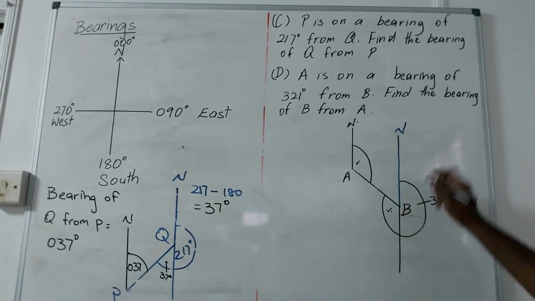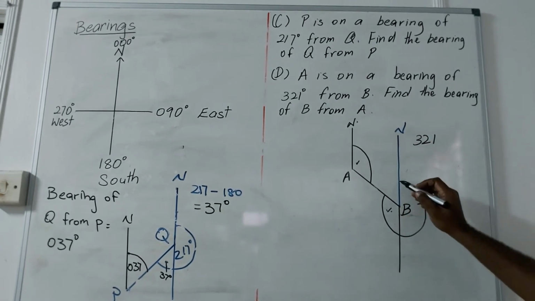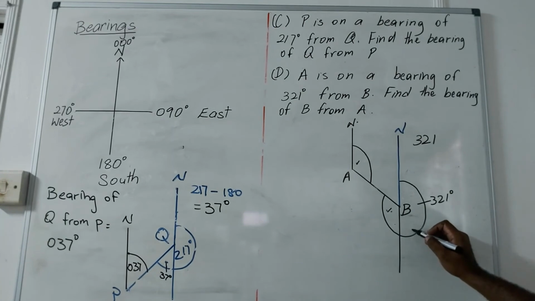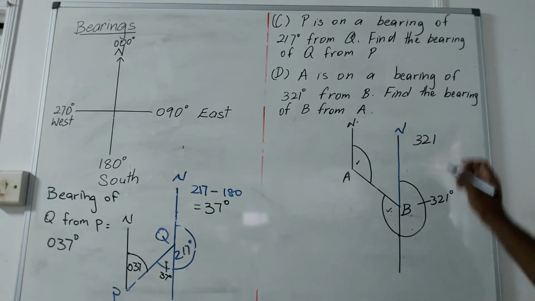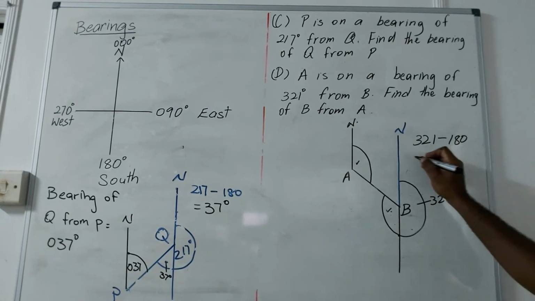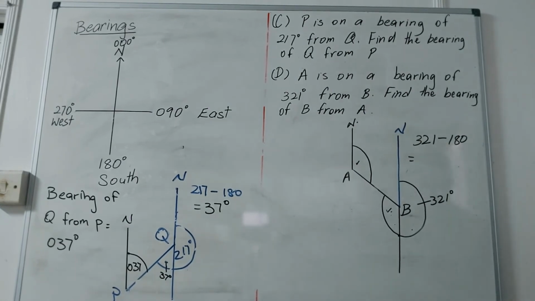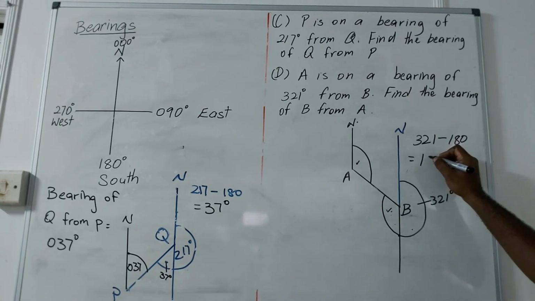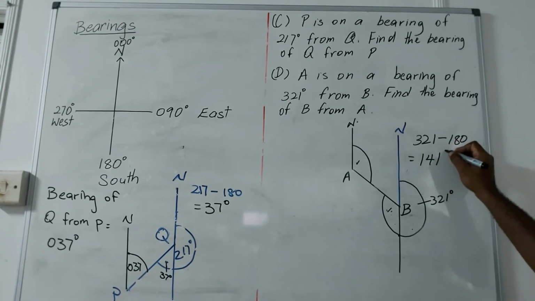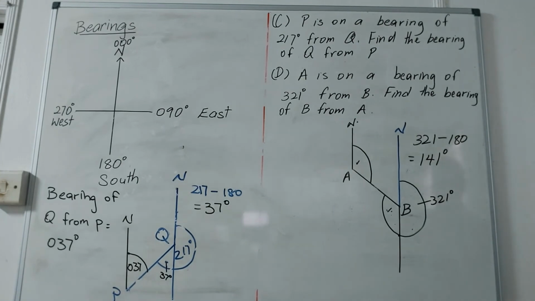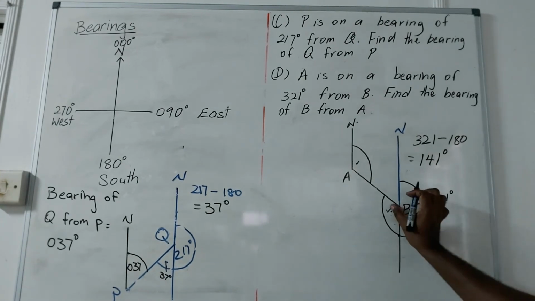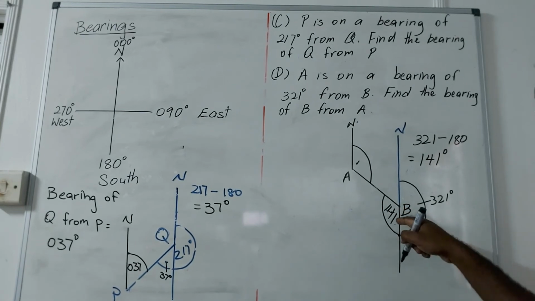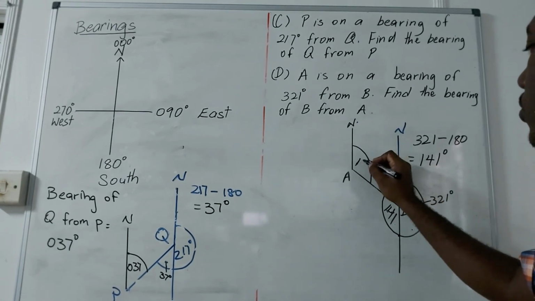So how do we find this angle? 321, if around here is 180, up to here is 180, so the difference, 321 minus 180, will give us 141 degrees. So this angle here is 141, and since this is 141, here will be 141 too.